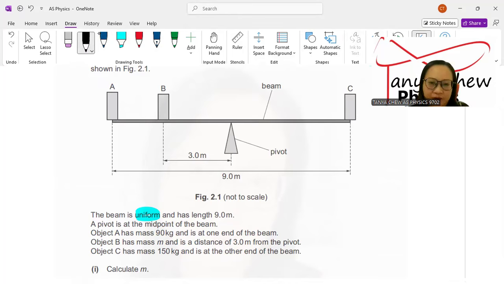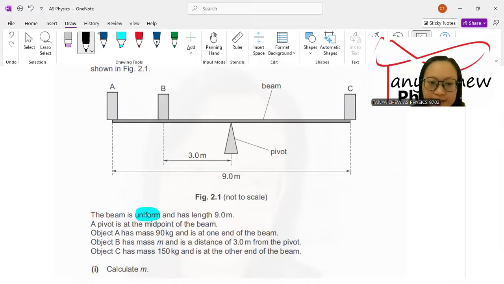Since the length of the beam is 9.0 meters, the weight acts at 4.5 meters from both ends. The pivot is at the midpoint, so the pivot is at the center of gravity of the beam. So you can ignore the weight of the beam.